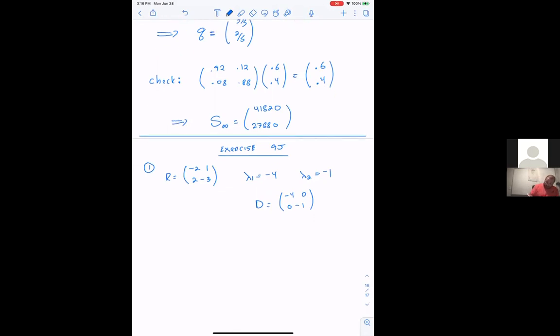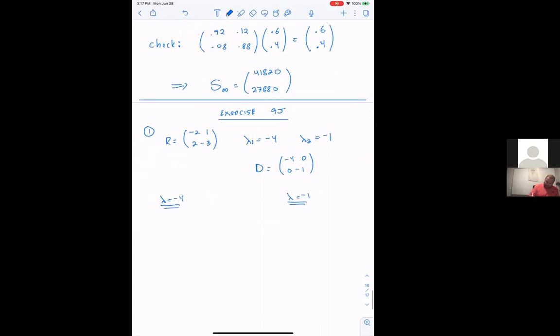To do that, we take lambda equals -4 and lambda equals -1. So it's -2 minus -4, which is 2, 1, 2, -3 minus -4 is 1, acting on x, y gives me 0, 0. So 2x plus y is equal to 0.